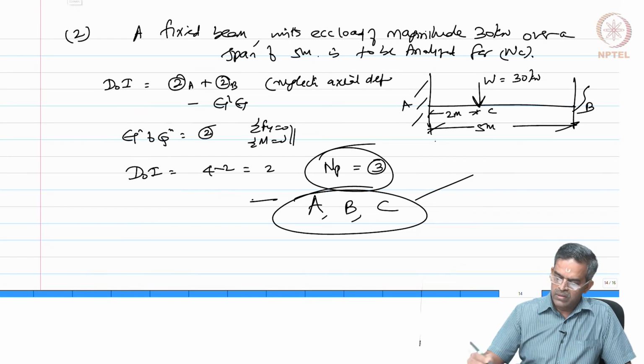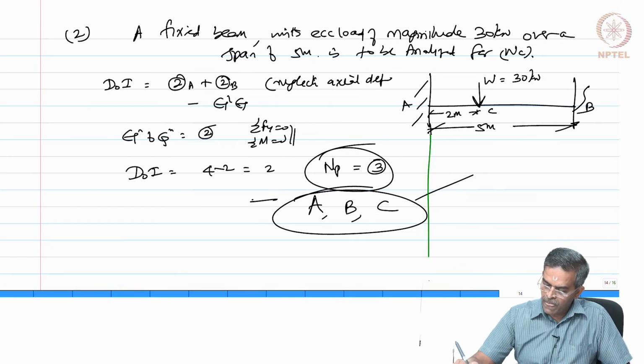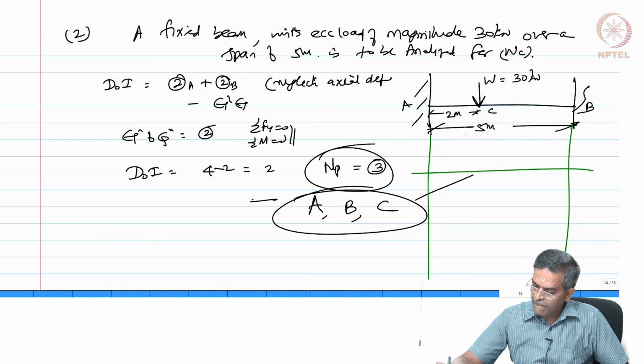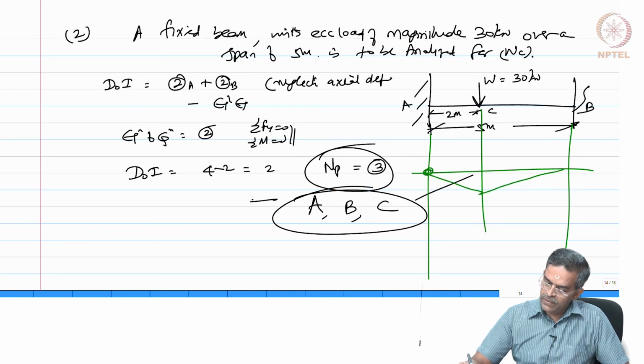Let us draw the deflected profile. Hinge here and hinge here, theta 1, theta 2, theta 1 plus theta 2.